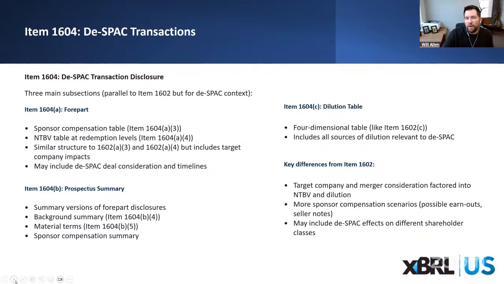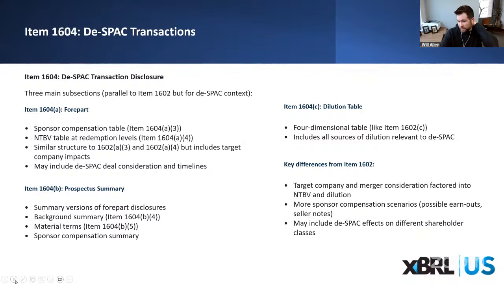So item 1604 subsections mirror 1602. A, which I have there on the slide, is the four-part with the detail tables. B on the slide is the prospectus summary with shortened narratives, similar to 1602. C is the dilution table, similar to 1602.